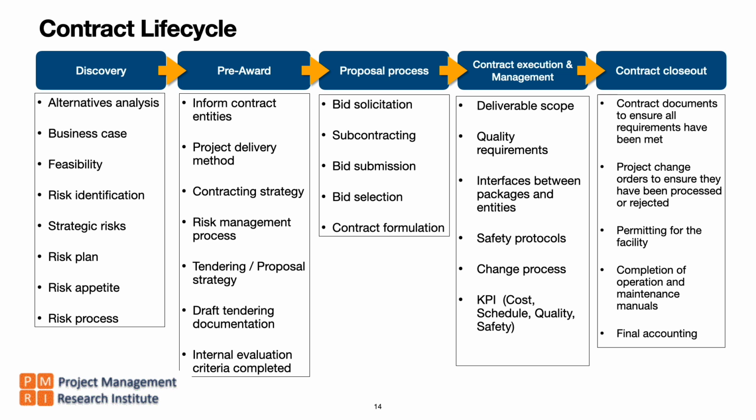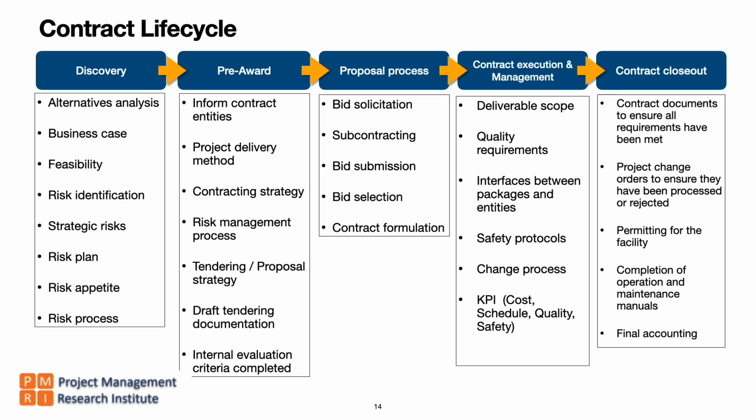And here you inform the contract entities, delivery methods, contracting strategies, risk management process, tendering and proposal strategy, draft tendering documentation, internal execution, internal evaluation criteria, all those things are prepared. And then we get into the proposal process.